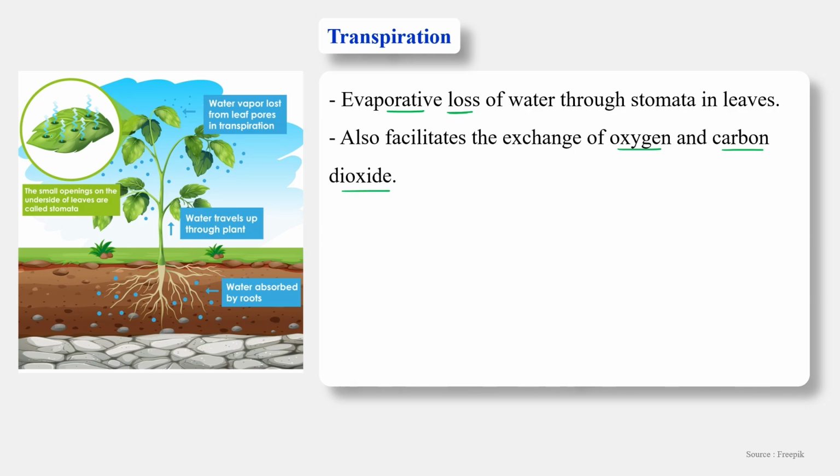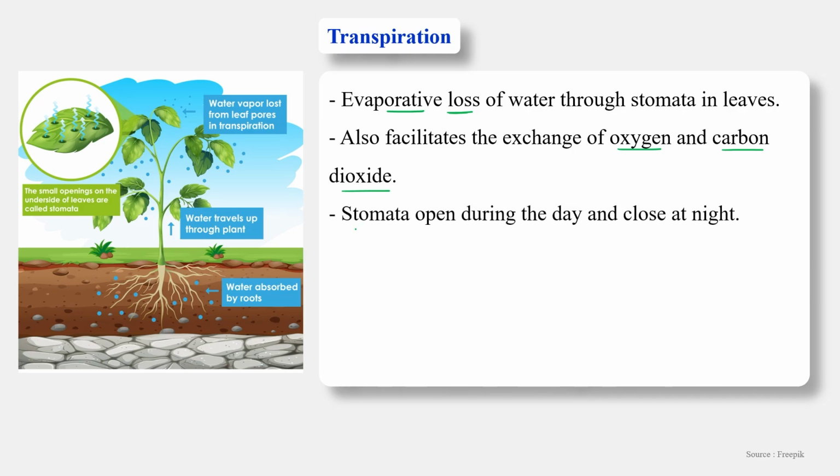There are stomata present on the leaves. More stomata are present on the lower surface as compared to the upper surface in a dorsiventral or dicot leaf, while the number of stomata is the same on both surfaces in a monocot leaf.